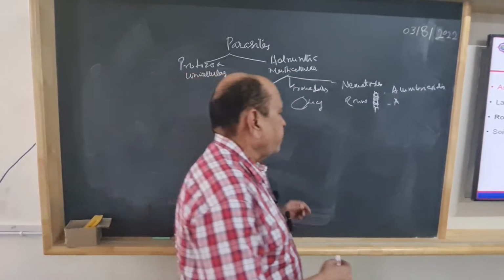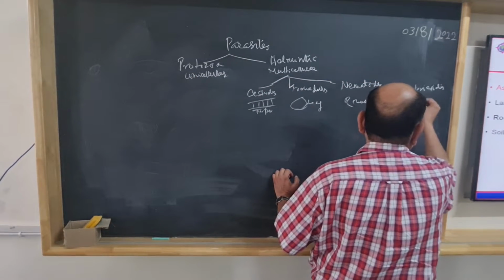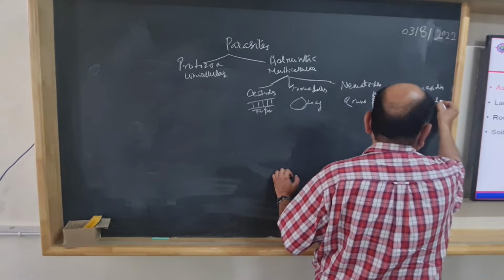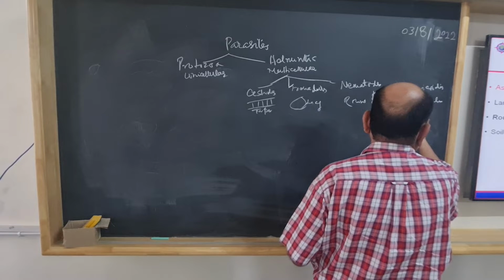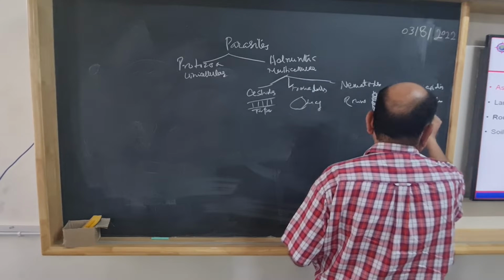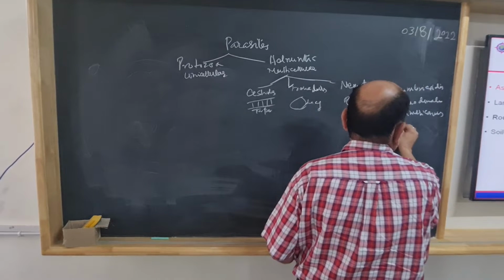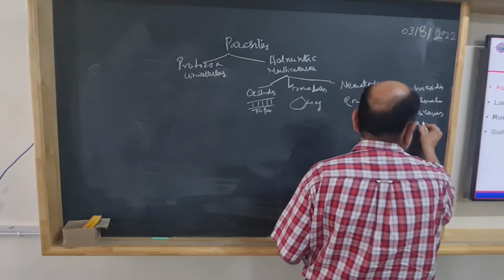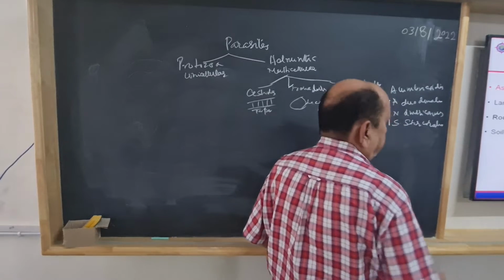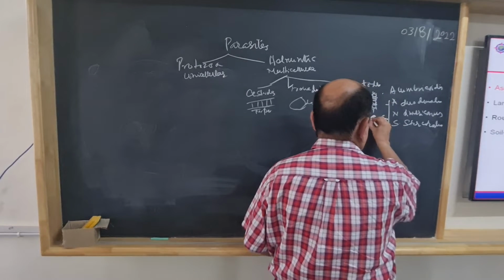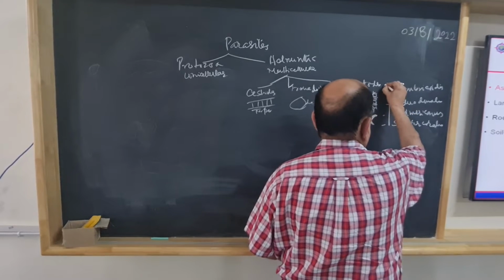What are the three hookworms? One is Ancylostoma duodenale, Necator americanus, and the third. These are hookworms because the anterior end is bent like this. This is a roundworm.